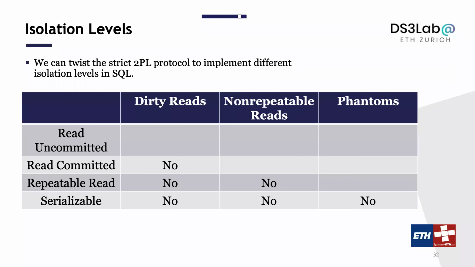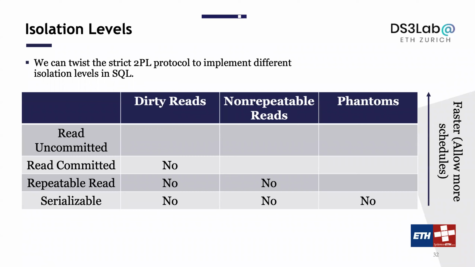Just recall the different isolation levels: you have read uncommitted, read committed, repeatable read, and serializable. Each of them can give you different anomalies. At the read uncommitted level, you could even have dirty reads. If you are doing repeatable read, you could have phantom tuples, as we saw.